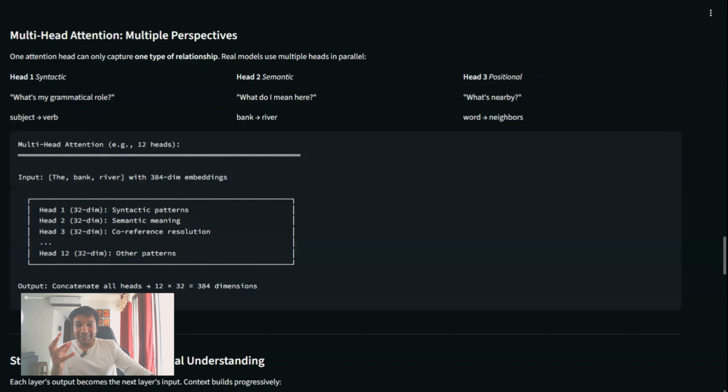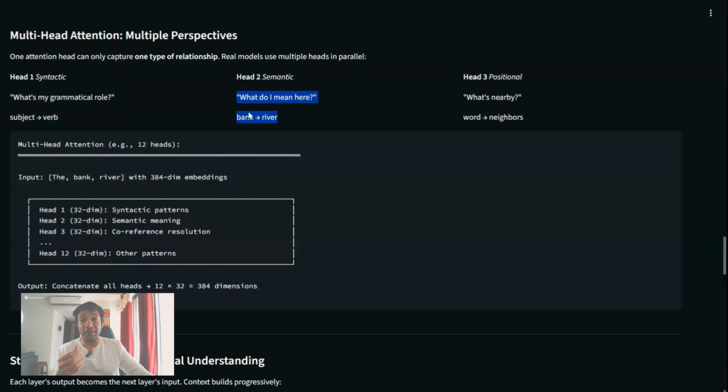Let's just say head 1 established syntactic relationship, that the is pointing towards the bank, and the noun that is being addressed by this article or this verb is addressing this noun, stuff like that. Maybe head 1 established grammatical relationships between the tokens. Head 2 might understand more semantic understanding.